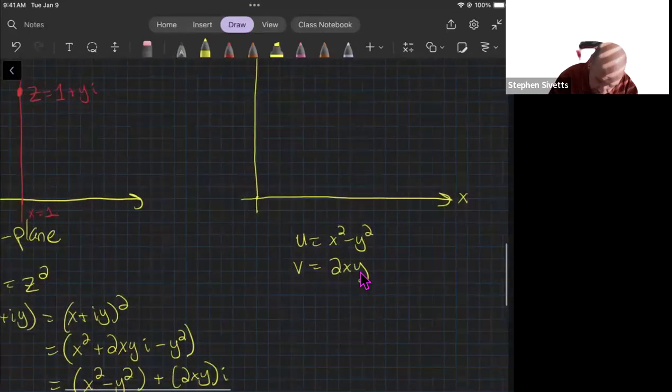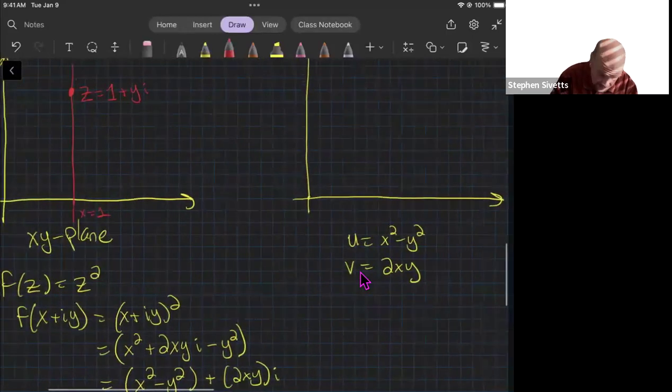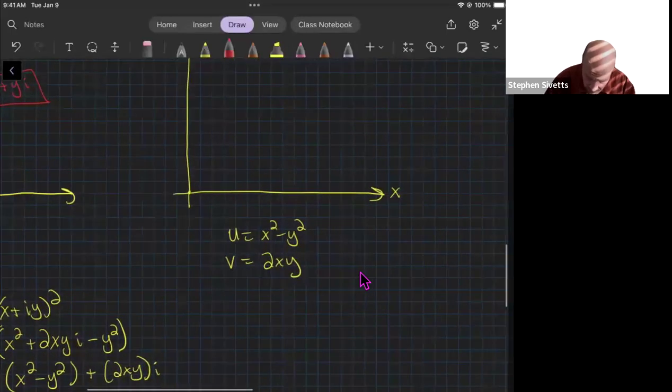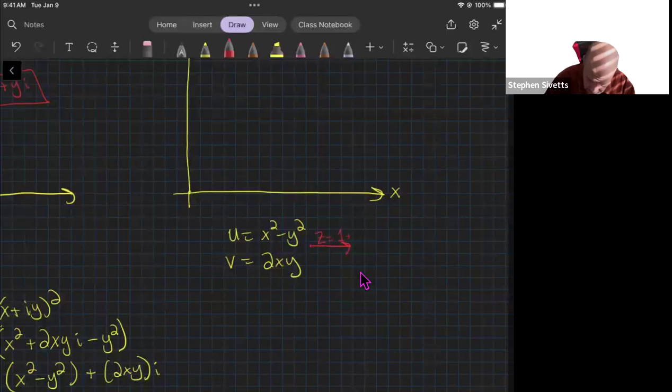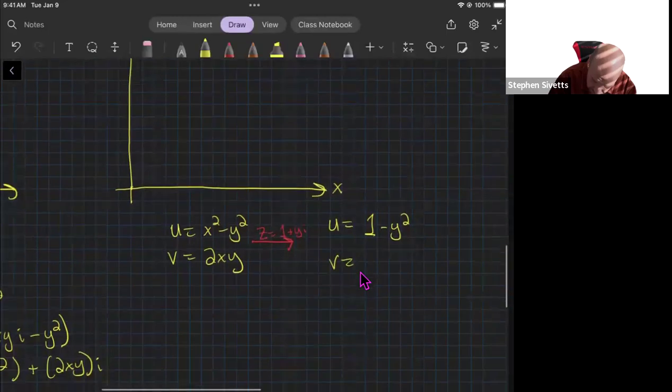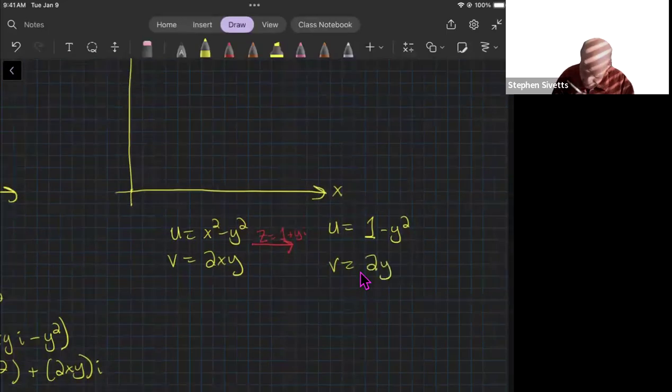So for any point in S, we had z equals 1 plus y times i. So x is 1 and y is varied. That means under the point z equals 1 plus y times i, u is equal to 1 minus y squared, and then v is equal to 2y, okay?